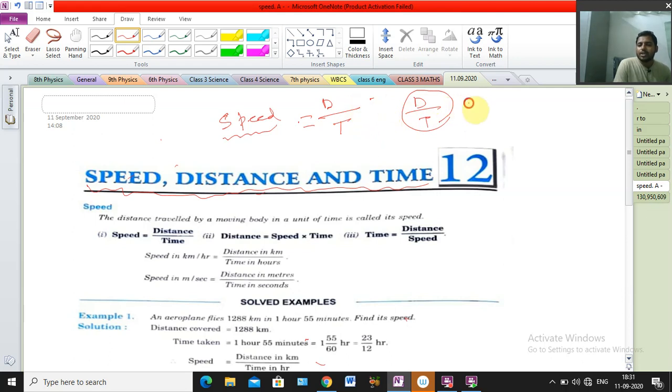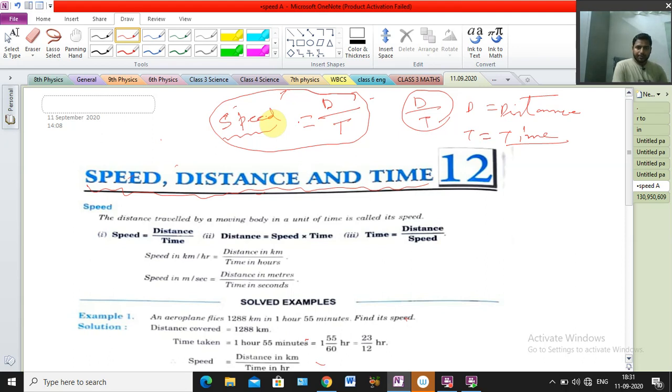So D means distance and T equal to time. Clear or not? That is the definition of speed, and very important also: speed equal to distance by time.